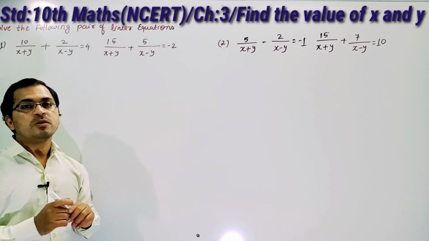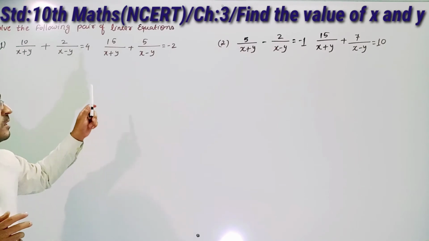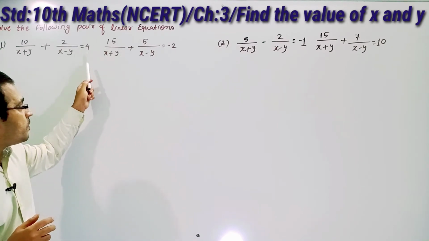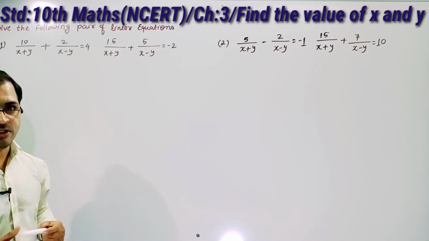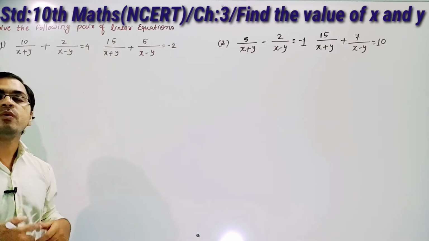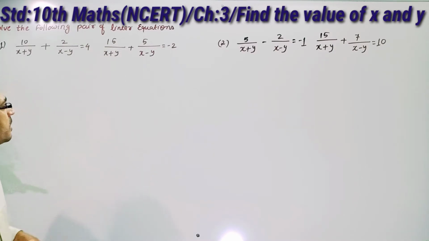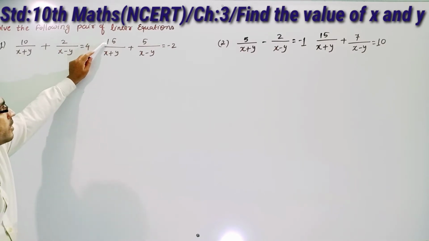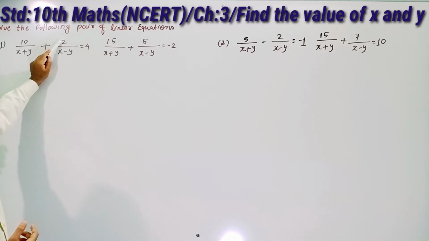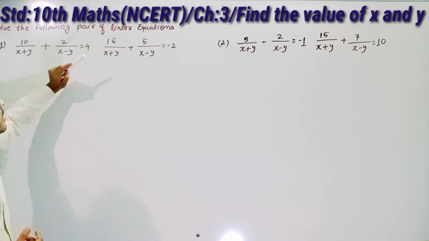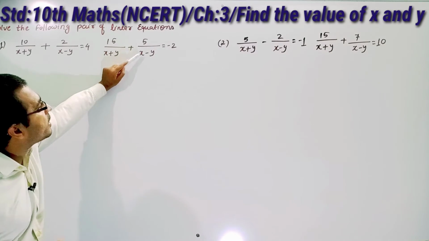Whenever you convert these kinds of equations into general form, the variable will be changed. Here you can see that in the denominator of 10 there is x plus y, and in the second equation the denominator of 15 is also x plus y. In the denominator of 2 there is x minus y, and in the denominator of 5 there is x minus y.